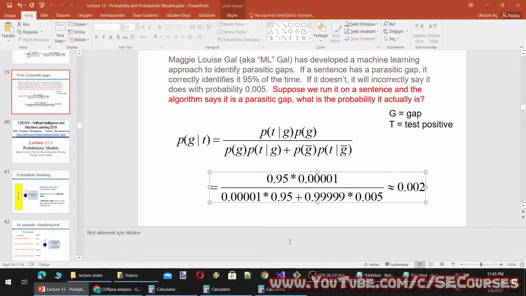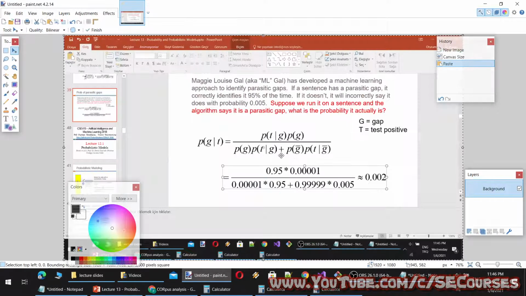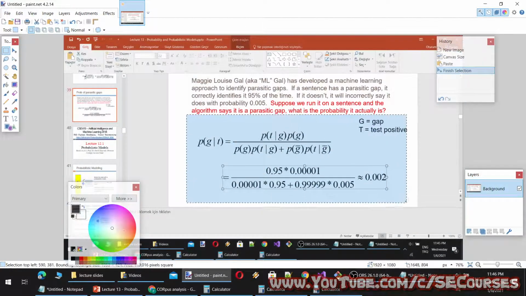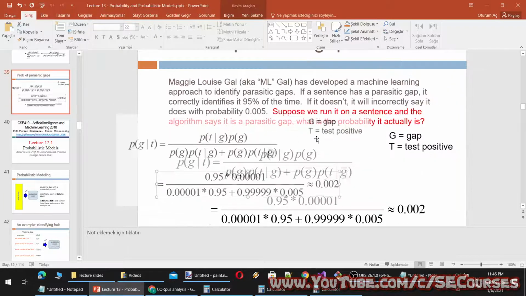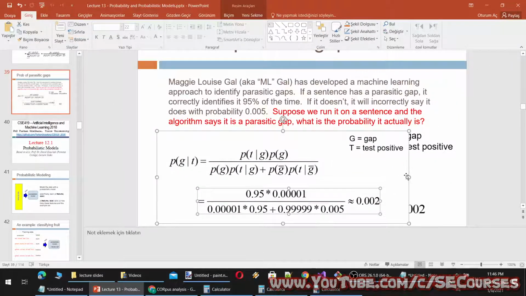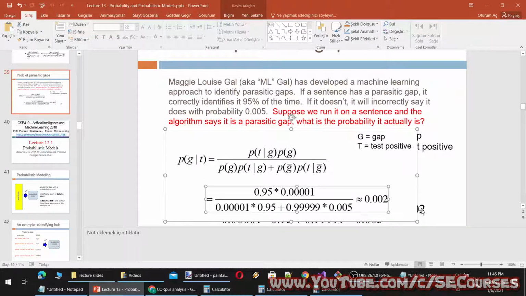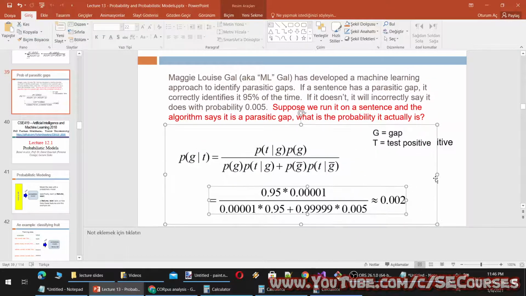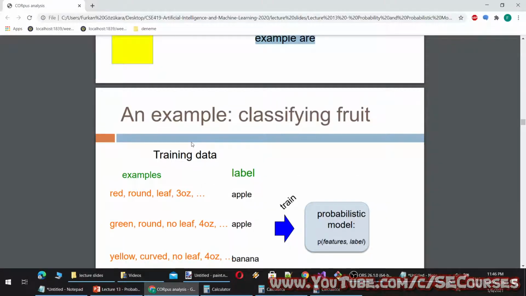So to fix it, I will make a modification to this slide. Let's make it something like this, and let's paste it over here. So we will be keeping both. Okay, let's continue.